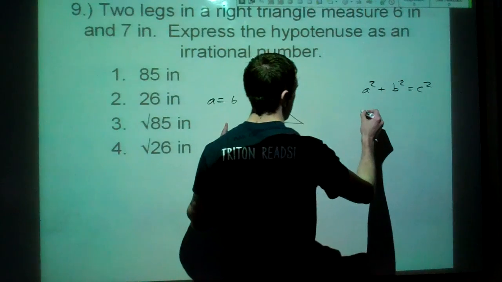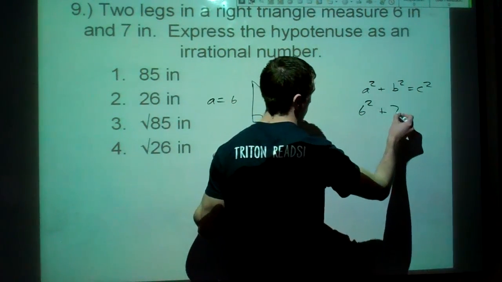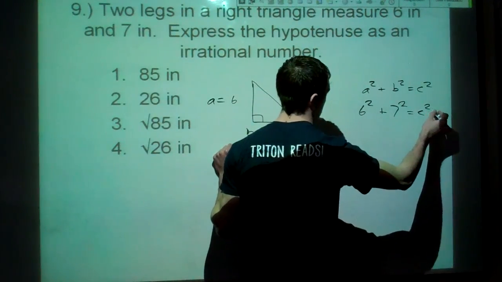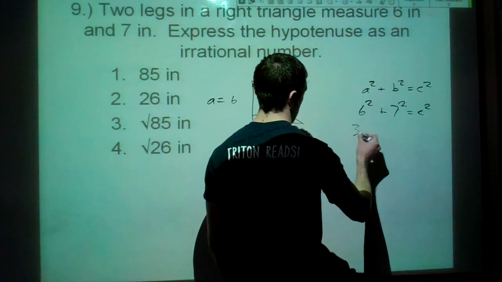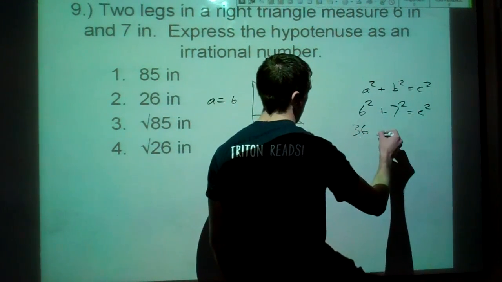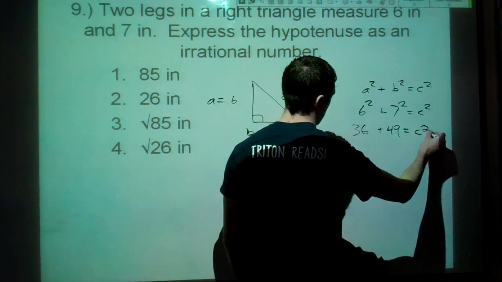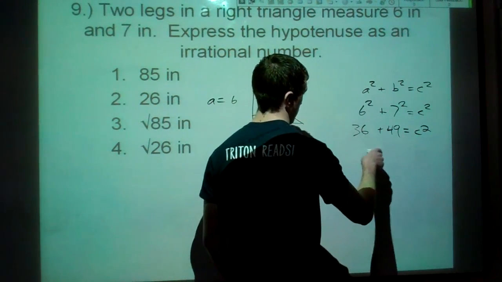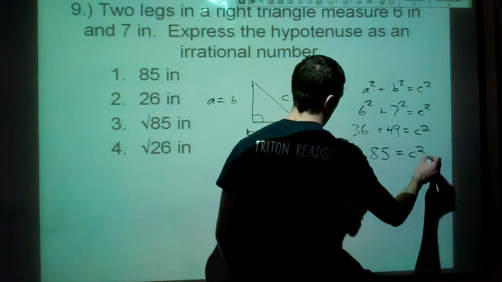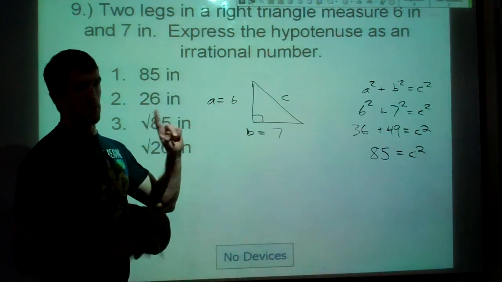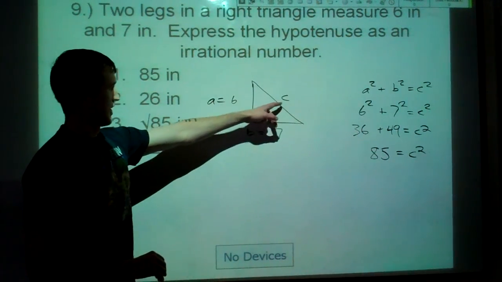A is 6 squared, b is 7, so 7 squared equals c squared. So we just solve here. 6 squared is 6 times 6, which is 36, plus 7 times 7, which is 49, and that's going to equal c squared. 36 plus 49 is 85. That equals c squared. However, big step here, you're only one step away. C is what we want.